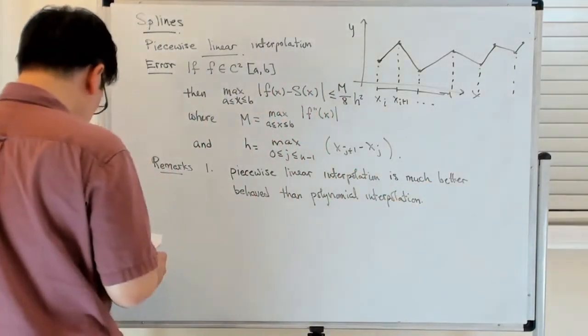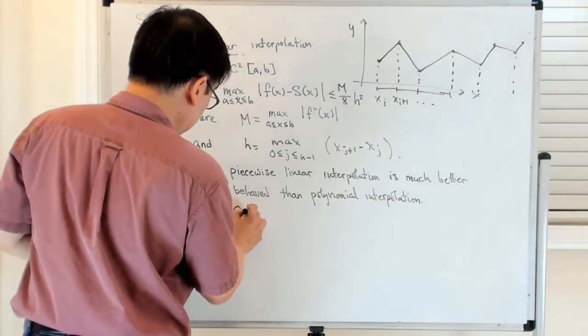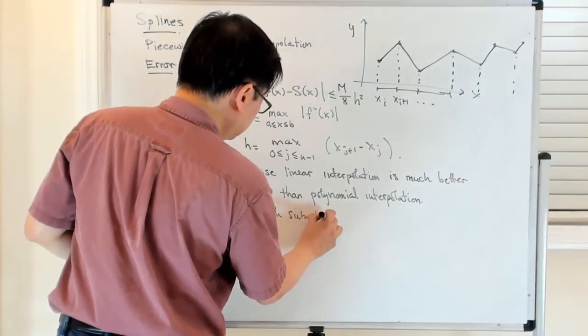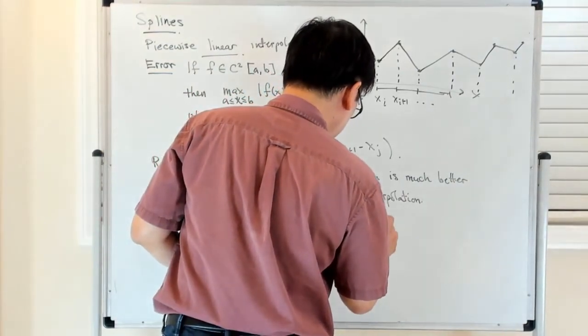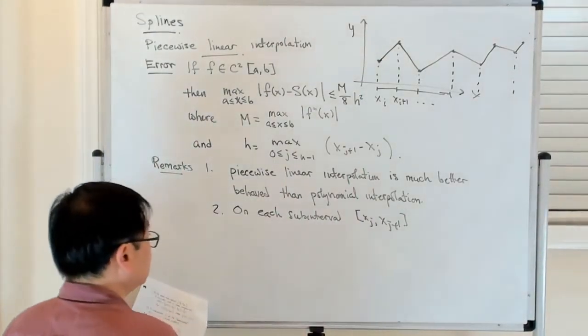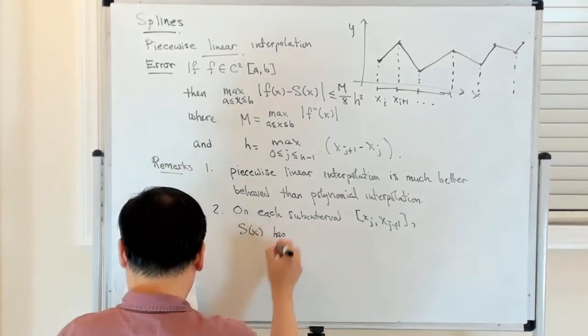And the second is that on each subinterval xj to xj plus 1, s of x has all the nice properties of a polynomial.